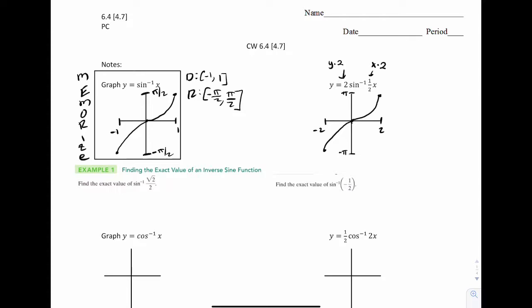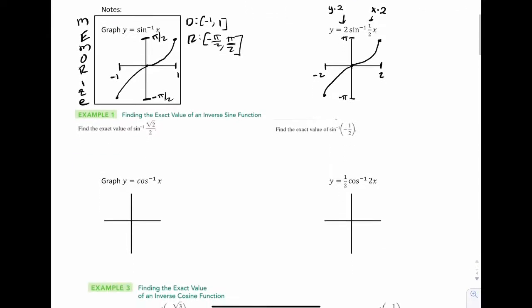Now in terms of finding some values, it says find the exact value of sine inverse of √2 over 2. So recall, on our speed quizzes I give you sine of pi over 4, and you give me a value, right? That's √2 over 2. So think about it this way.